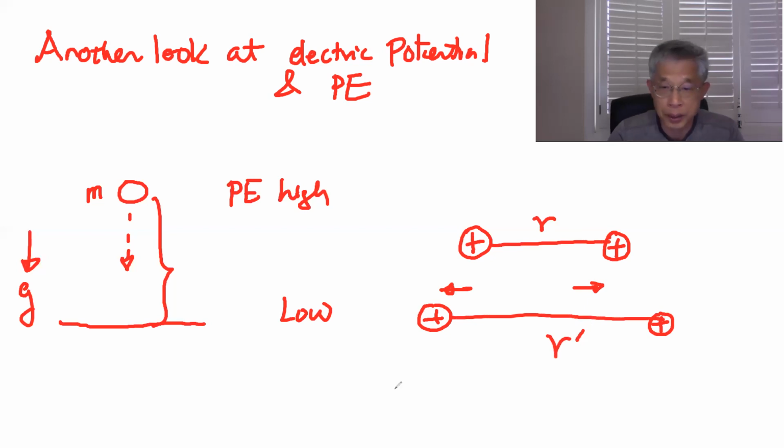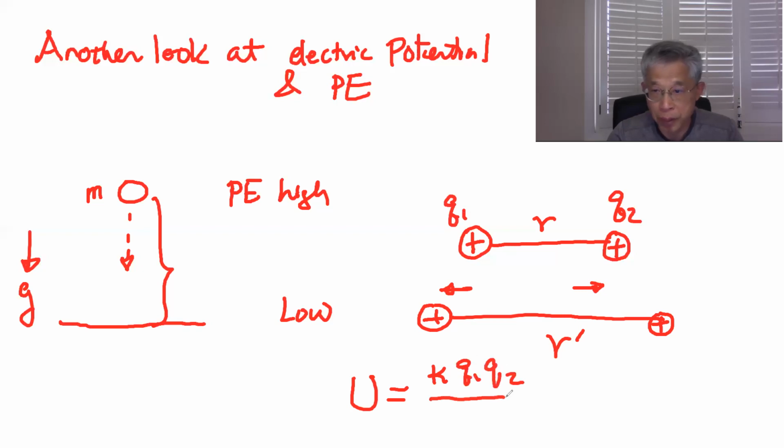Let's take a look at the potential energy formula for electric: U is equal to K Q1 Q2 divided by R. After some time R is increasing, and the rest doesn't change.